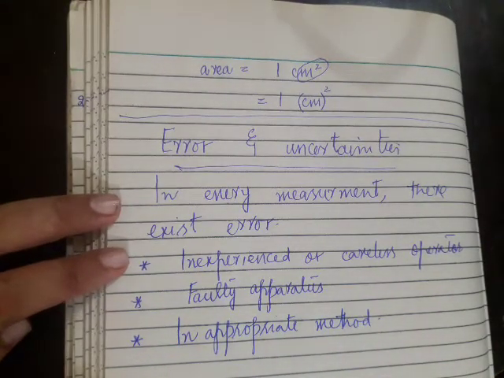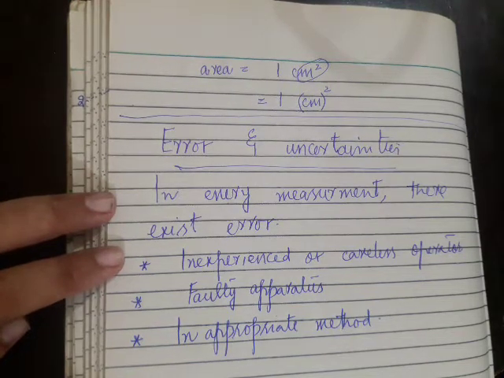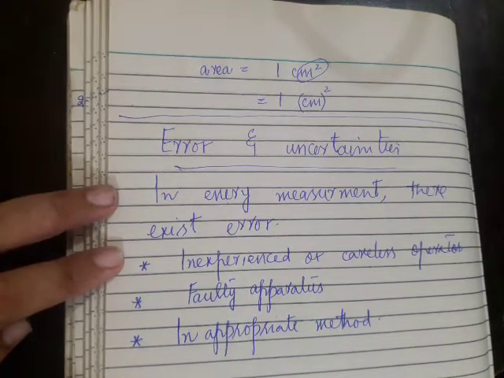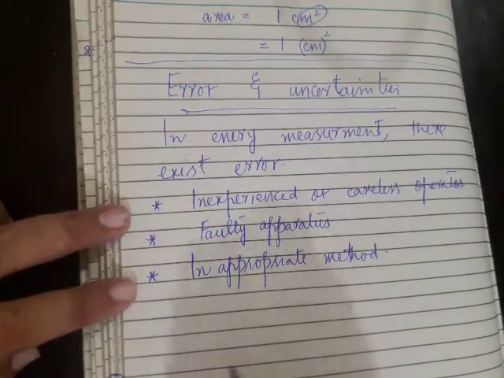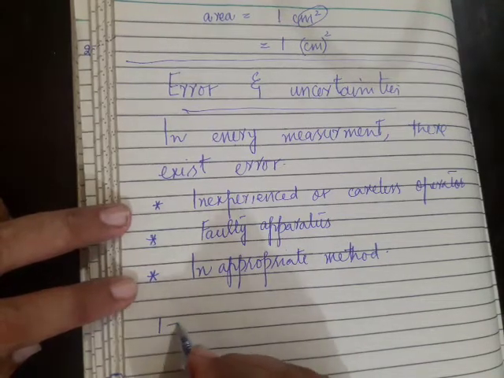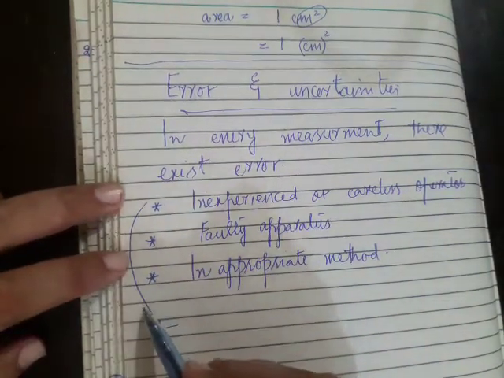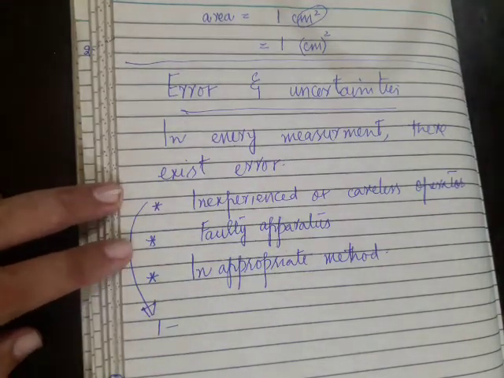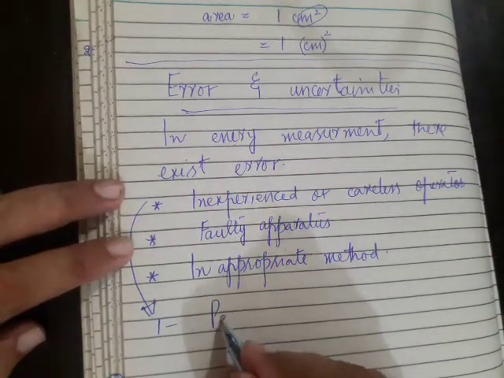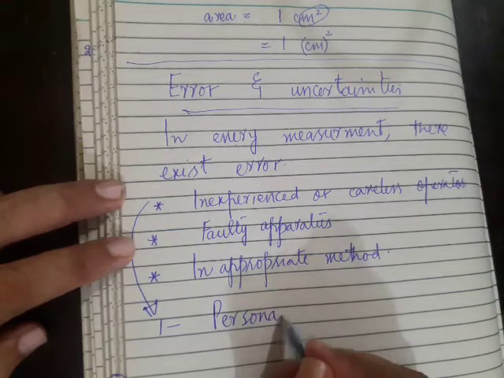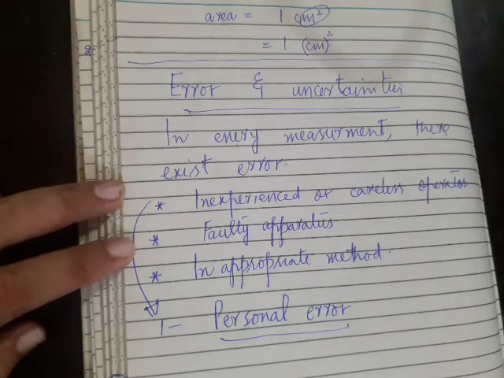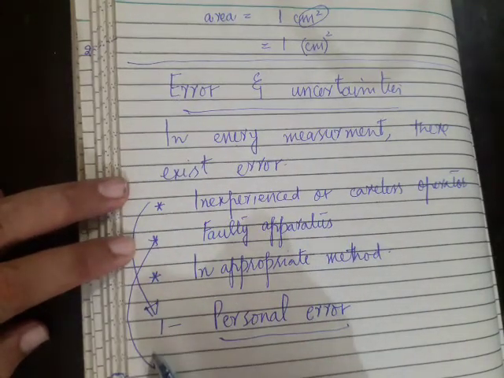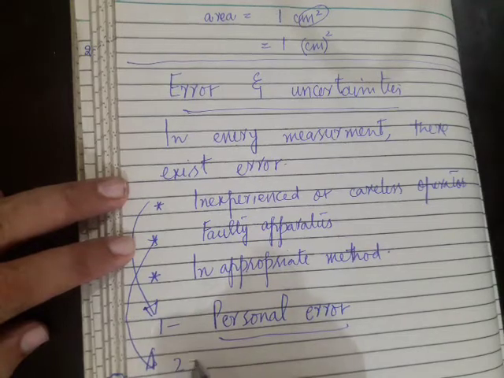Keeping these conditions, now we are going to place the error in different categories. From the first reason, we call it personal error. The error due to the person or the operator is personal error. Second could be systematic error.